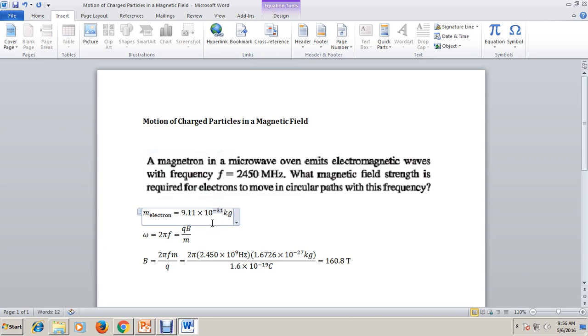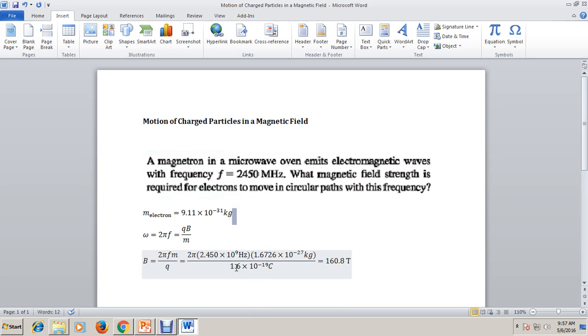It is stated in the problem that what is being asked here is the magnetic field strength required for electrons. So just like what we discussed early on in our introduction in physics 1, the electron has the charge 1.6 times 10 to the negative 19 coulombs.